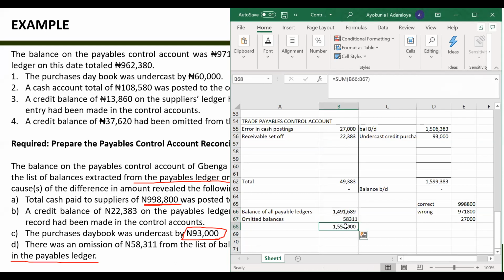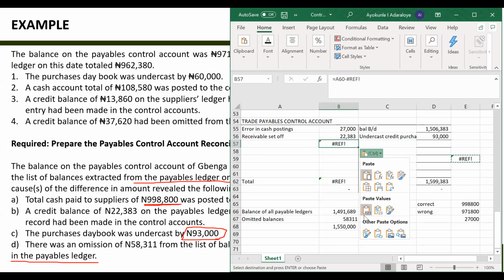So now let's sum this together. How much did he give us? 1,550,000. How much do we have from this other side? This is the total here, so we have to calculate the difference from this side, so our balance carried down will be 1,599 minus 143, which gives us 1,550. So we'll put that here.